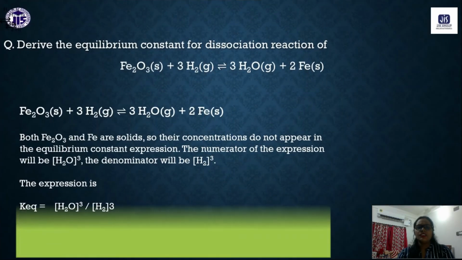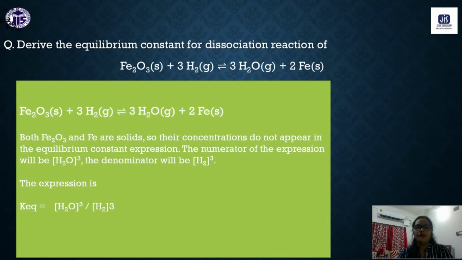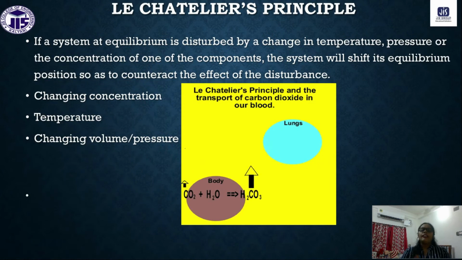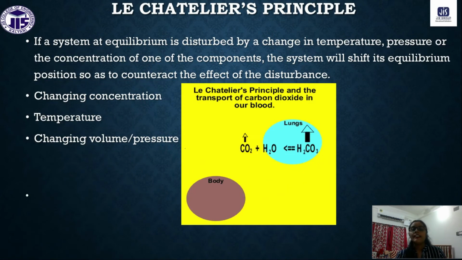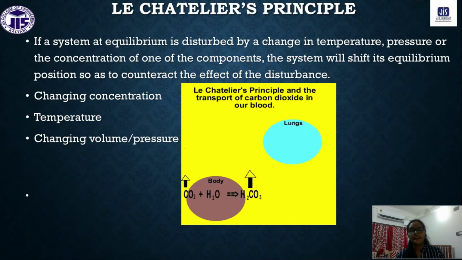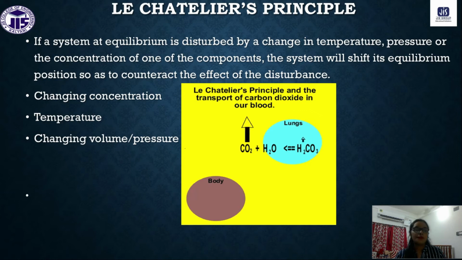So these are some of the questions that you may have from this portion. Now this is our today's topic, the Le Chatelier principle. If we know the Le Chatelier principle, we can know the direction of the flow of the reaction, whether it will go in the forward direction or the backward direction.